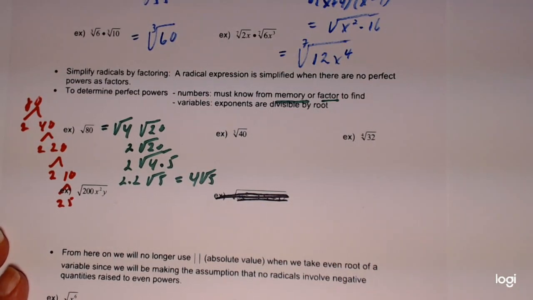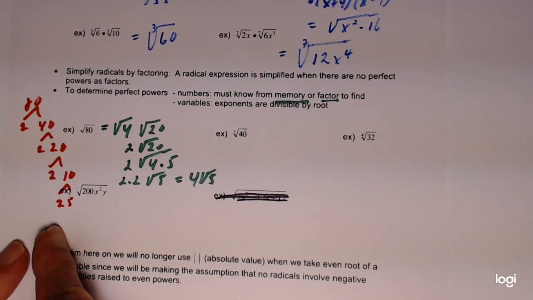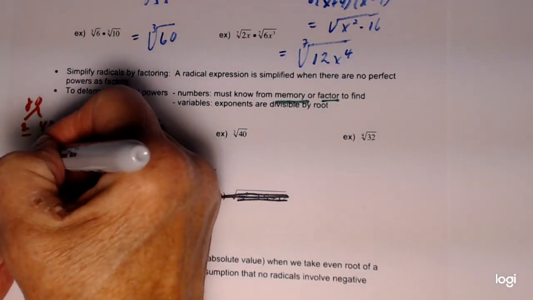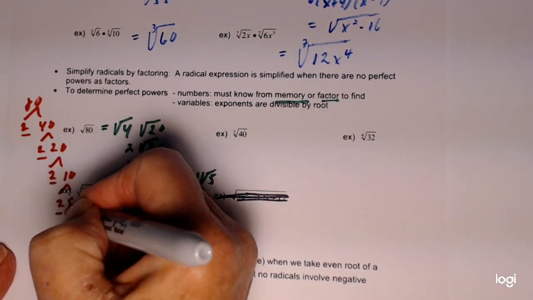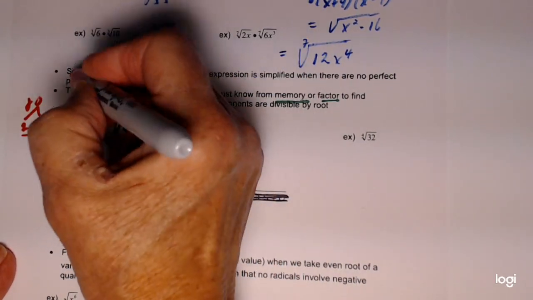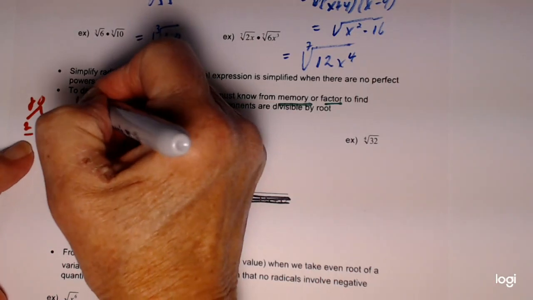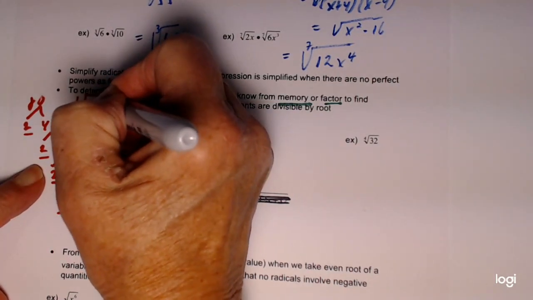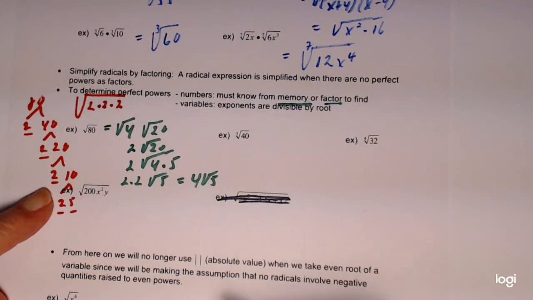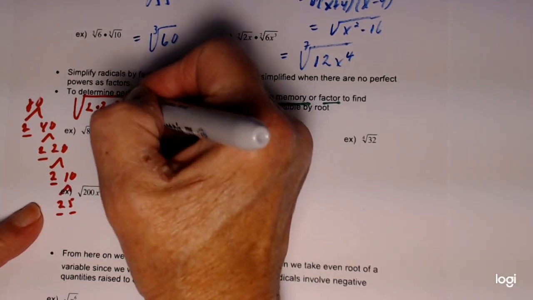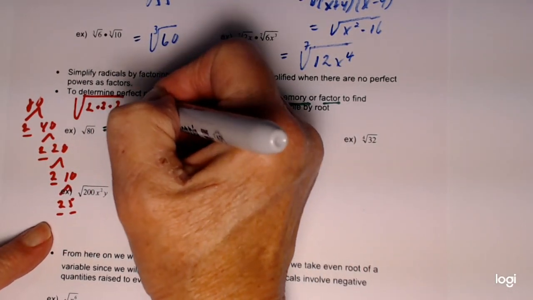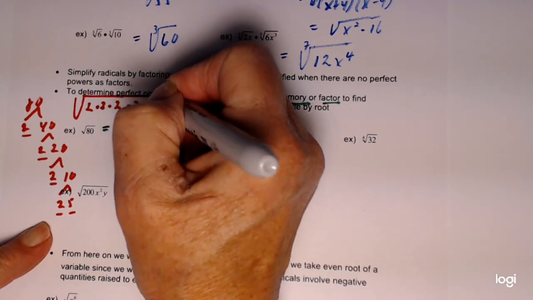So when I look at these factors of 80, I have 2, 2, 2, 2, and 5. So up here, let's write all the factors of 80 down: 2, 2, 2, 2, and then the 5.